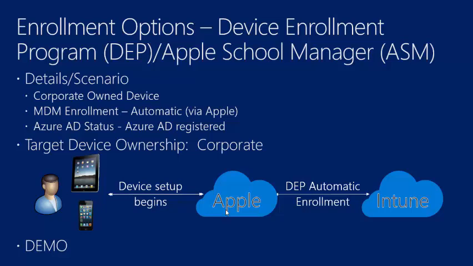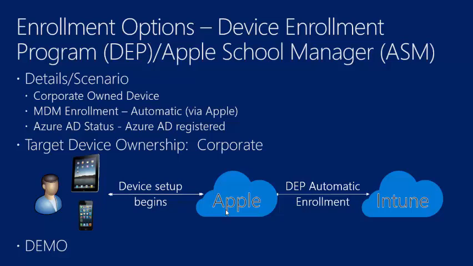I mentioned one requirement of setting up DEP is that you have an Apple ID or a reseller ID that you can put into the portal as you're registering to indicate where you're getting your devices from. That's one thing, one hurdle.